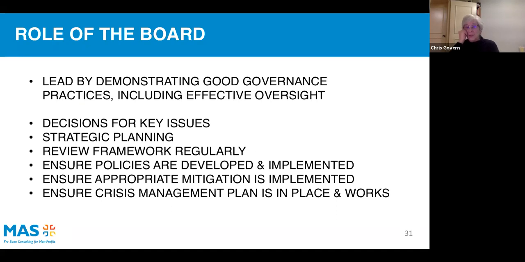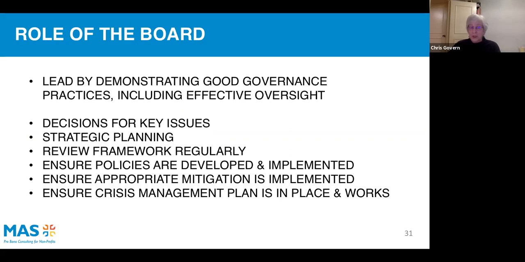Key decisions around risk are generally board decisions, whether or not the organization will take on a certain risk. Certainly most boards, when it comes to expensing over a certain amount of money, require some kind of board approval. So key decisions around how much risk the organization is going to take on and how it will be mitigated are board decisions.